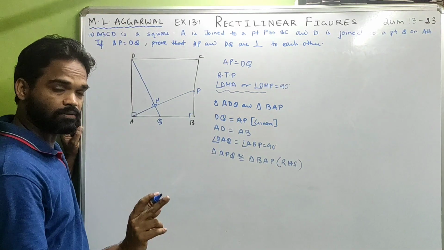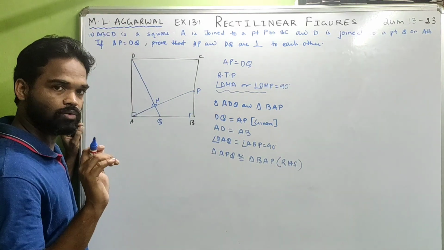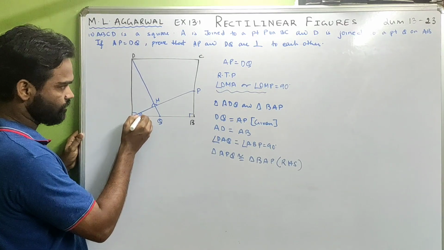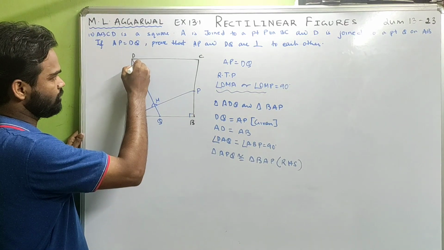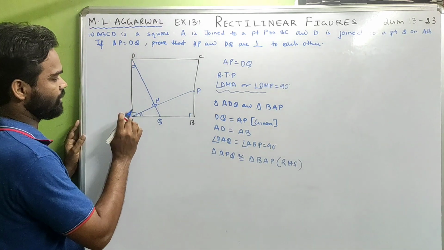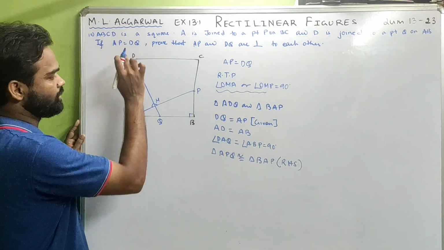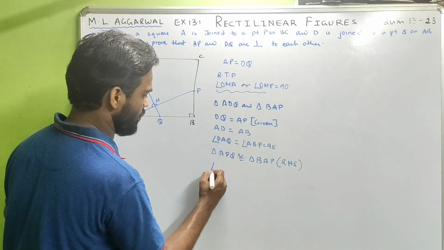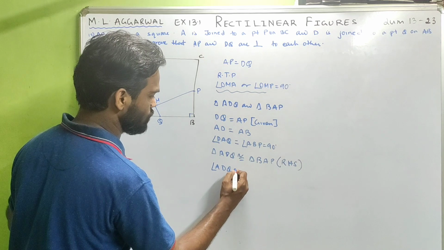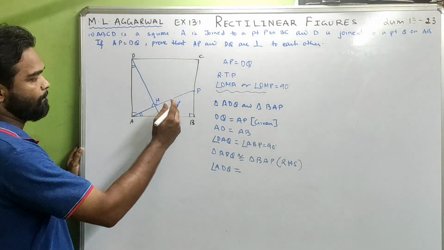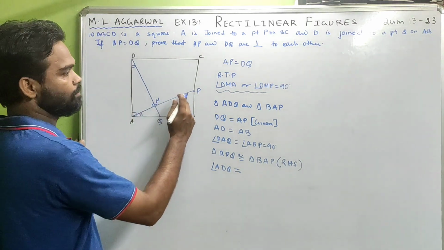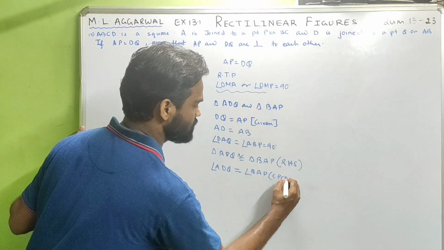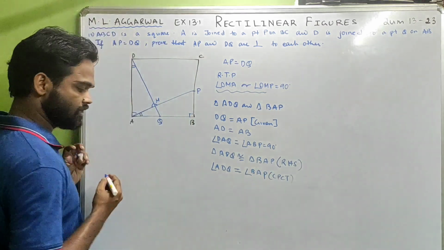Like these two triangles are congruent, then the corresponding angles will be equal, which means if you look carefully, this angle and this angle will be same, which means angle ADQ is equal to angle BAP, that is CPCT, isn't it?